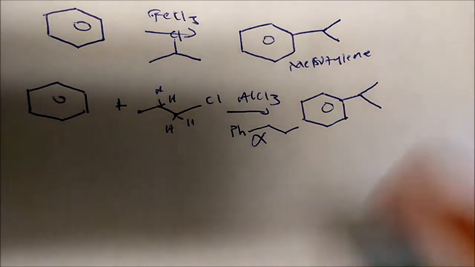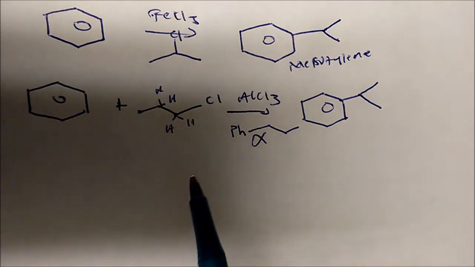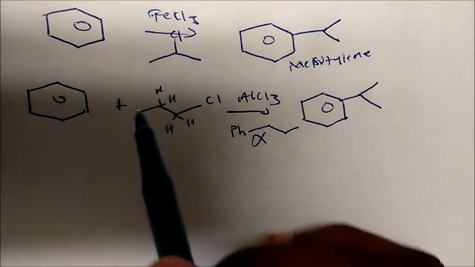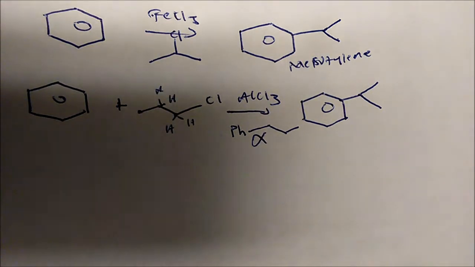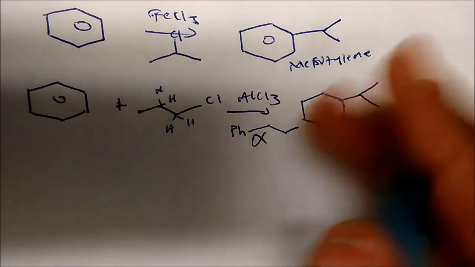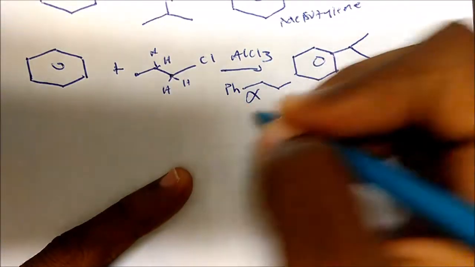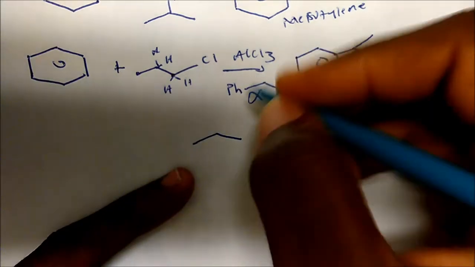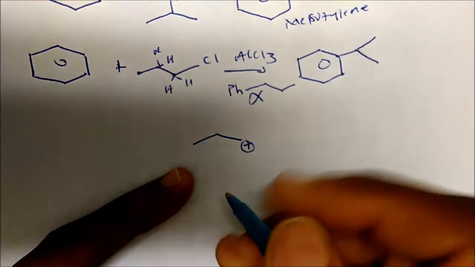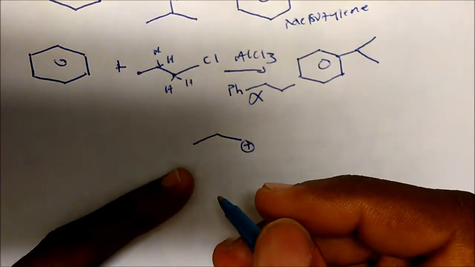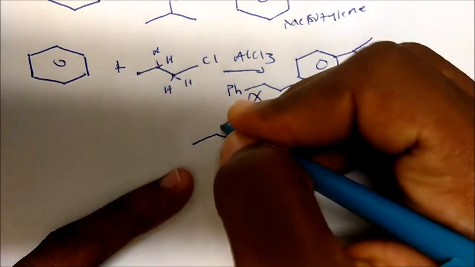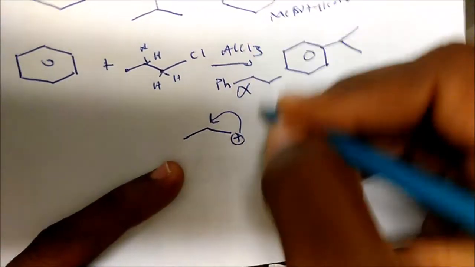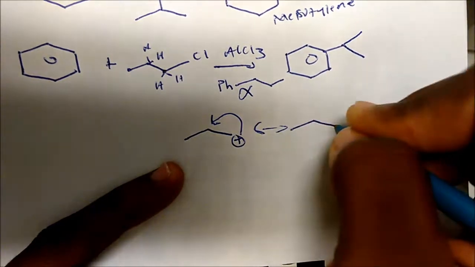So again, be careful. We get carbocation rearrangement, and the middle carbon is usually the one that my benzene will be bonded to. And simply, if we want to draw this out in solution, we created a plus charge here, and then we sacrifice one of those hydrogens and move our plus charge to the middle.